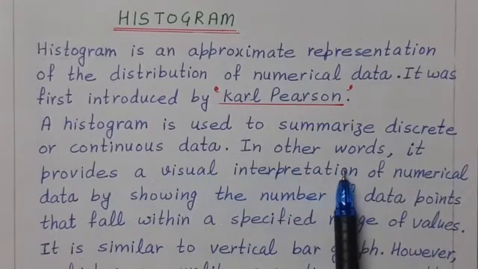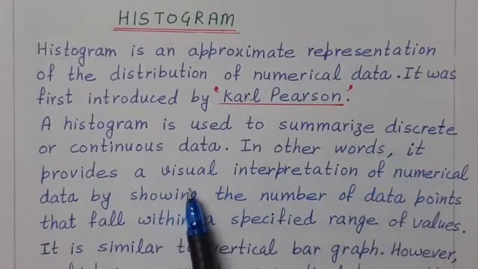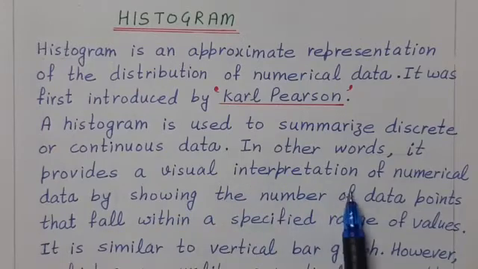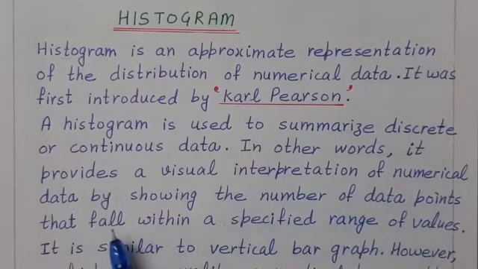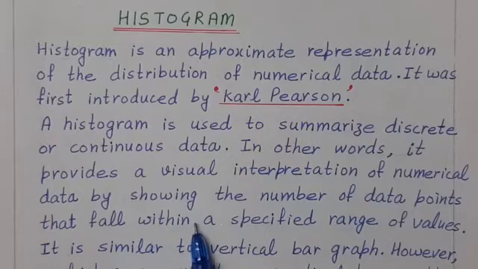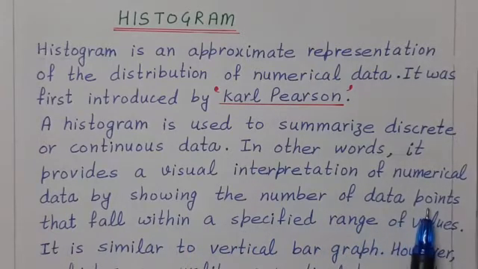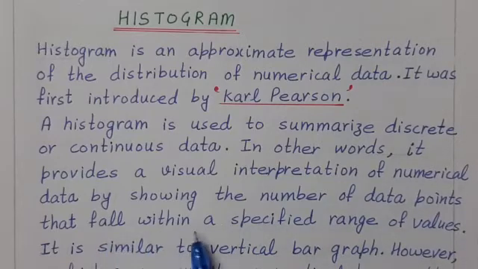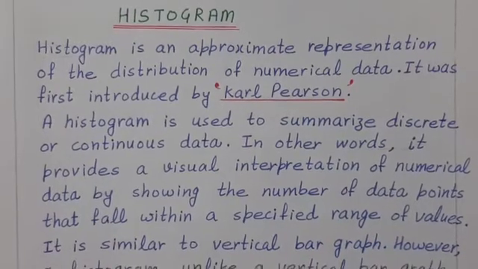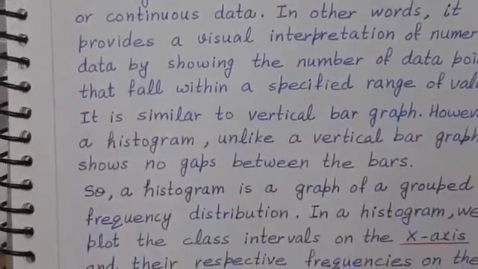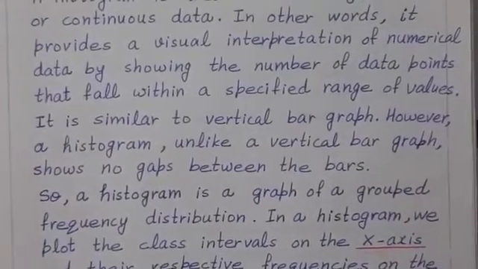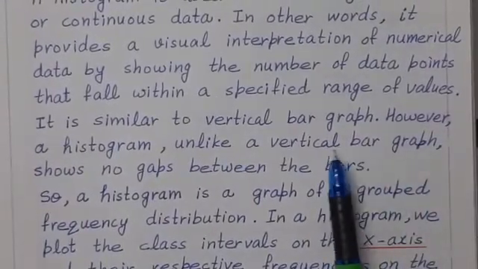In other words, it provides a visual interpretation of numerical data by showing the number of data points that fall within a specified range of values. It is similar to a vertical bar graph.